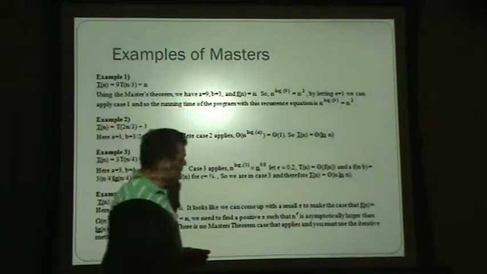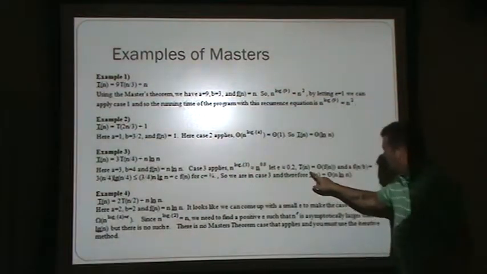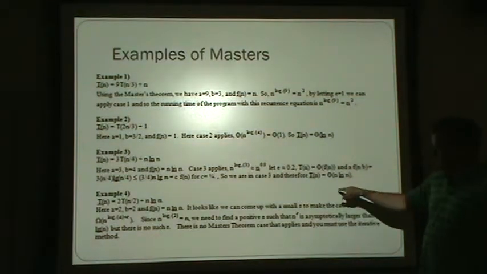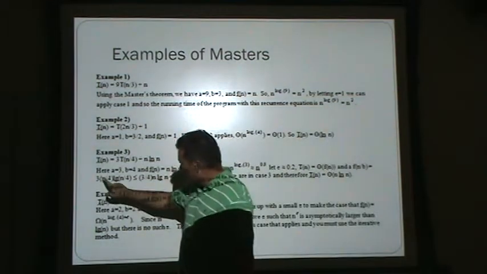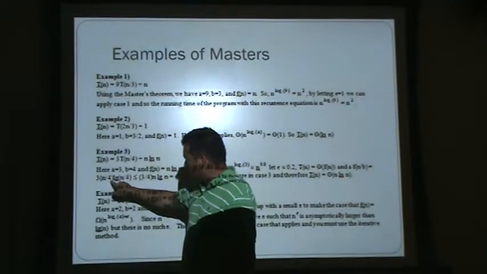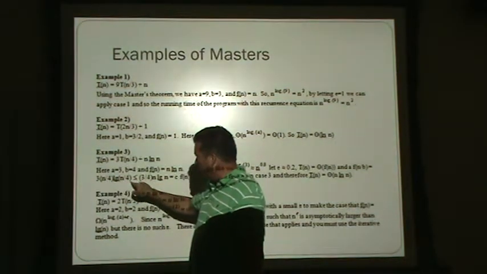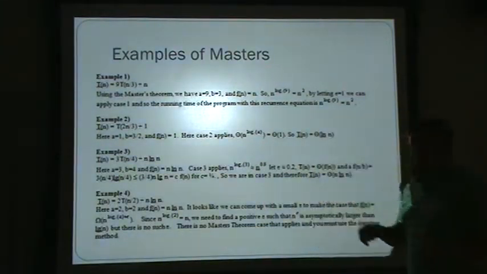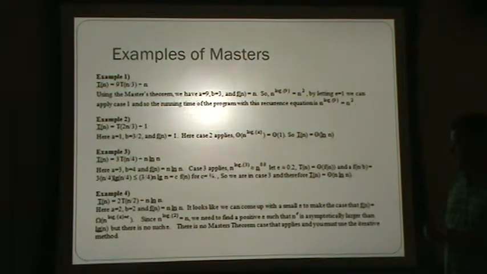And then the T of n has the running time of f of n, and a f of n over 2 equals 3 times 1/4 n log 1/4 of n. That is less than 3/4 of n log n, so that second condition ends up being true. And that means we're put in case 3.